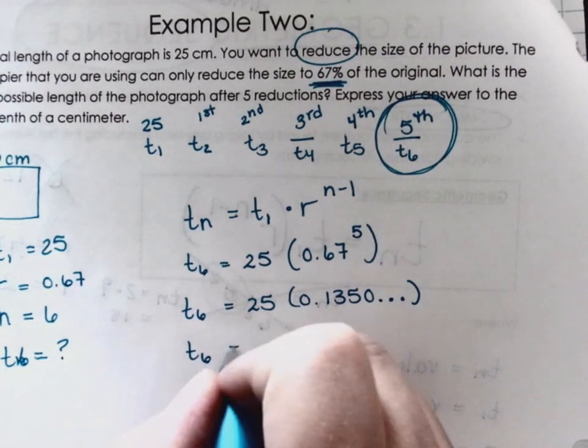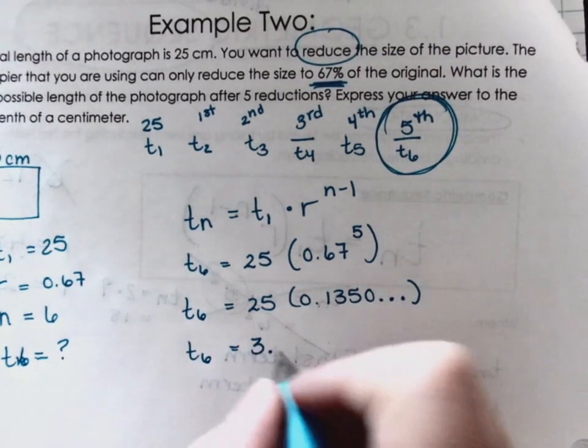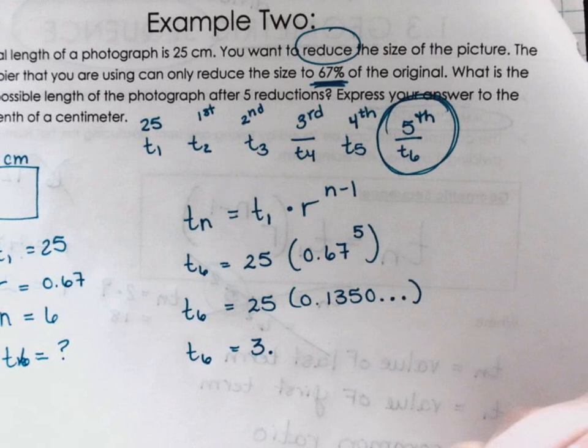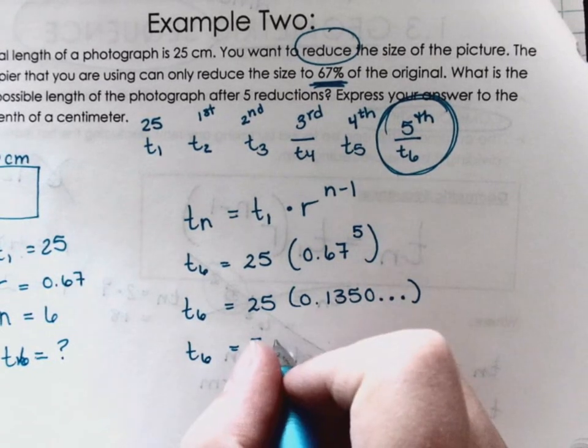Hopefully it's a small number. Like a small big number. How many places do you guys want to round to? 2? 3? What do we want? 2. I like 2.